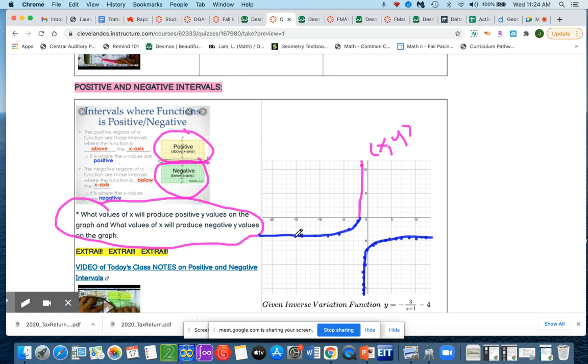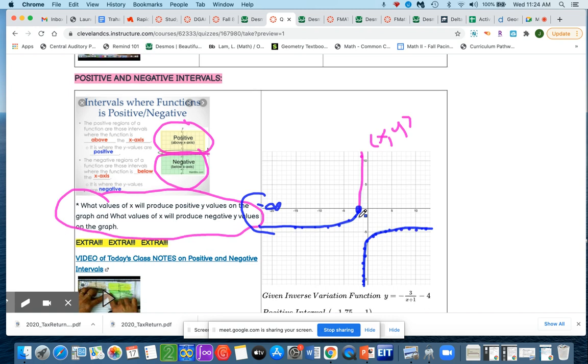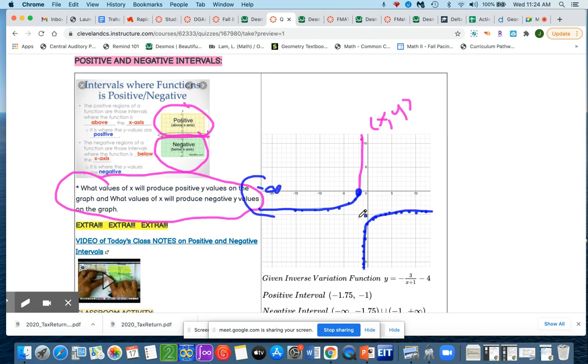Okay, so then you're asked to find what are the x values that will give you these negative y values or those positive y values. So you can see right here where the graph ends, which it doesn't end, all the way from negative infinity over there on the left, all the way up to that point right there on the x-axis. And that point is at -1, I think.